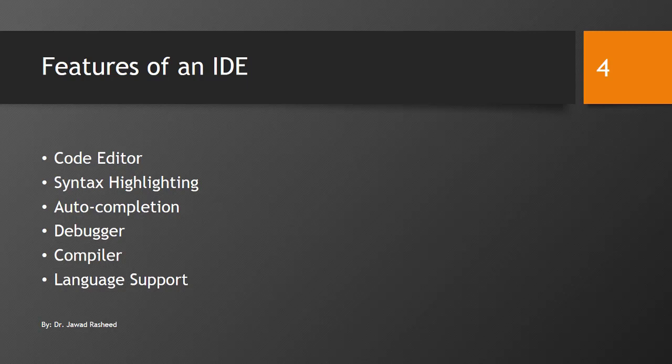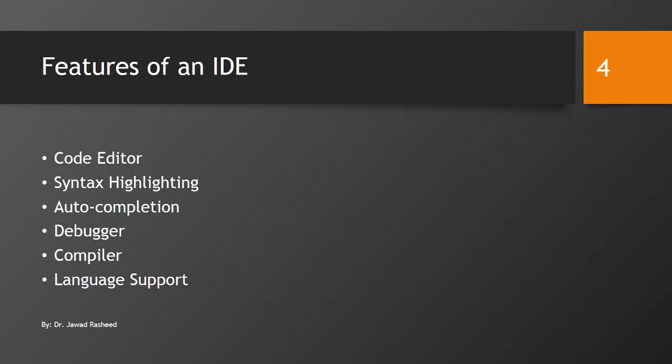Another feature is the debugger, which is required to test and debug the source code. IDEs also consist of a compiler. These are the tools that translate the source code from one language to another. So this one is the most important feature of an IDE.